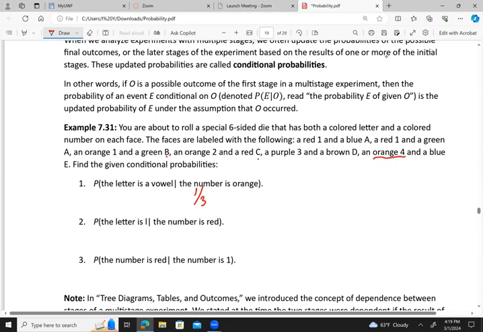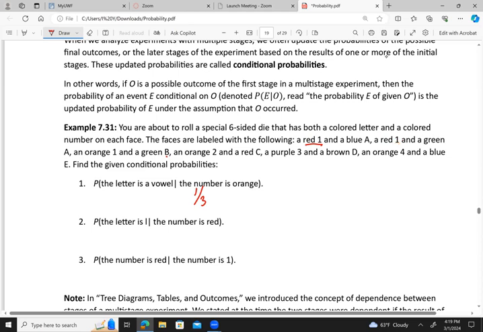Okay, let's look at our next one here. The letter is I, given the number is red. So I have a red number. I have a red 1 here. I have a red 1 here. Oh, the letter, not the number.